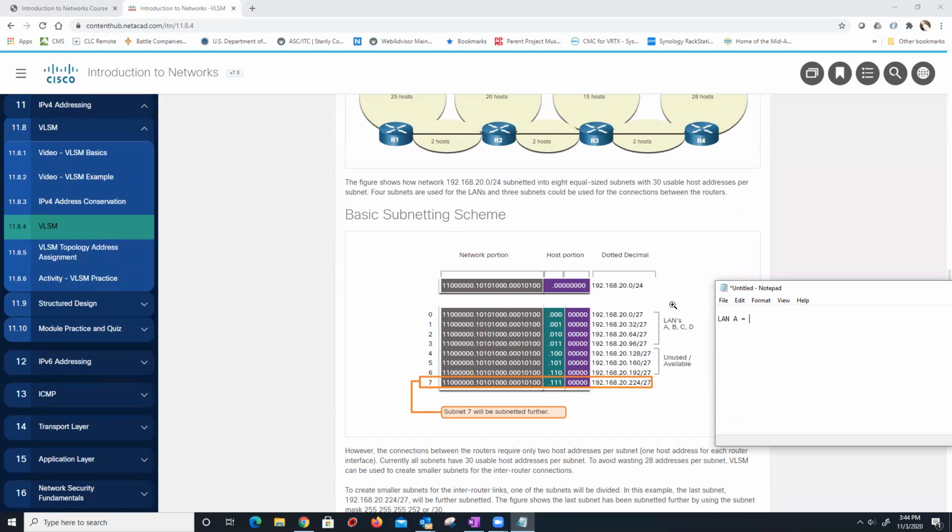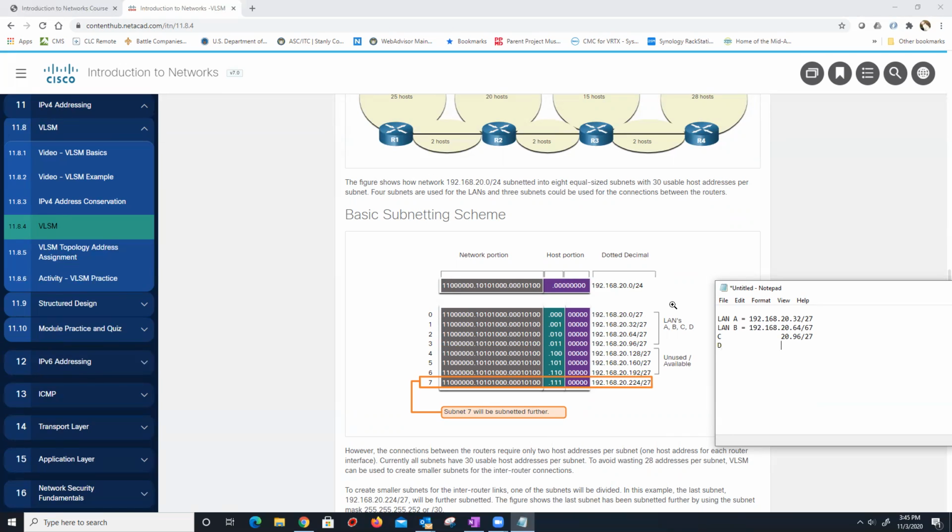let's use the network 192.168.20.32 /27. Okay. For LAN B, we're going to use 192.168.20.64 /27. For C, we're going to use 20.96 /27.